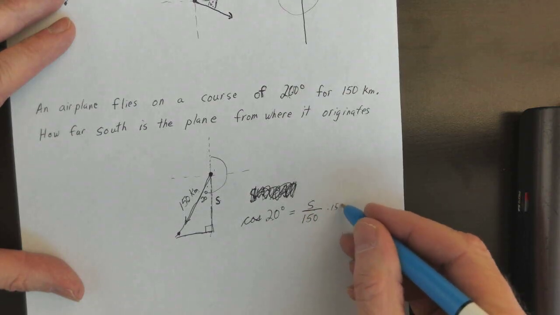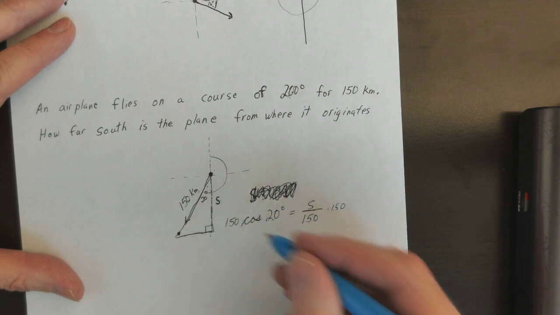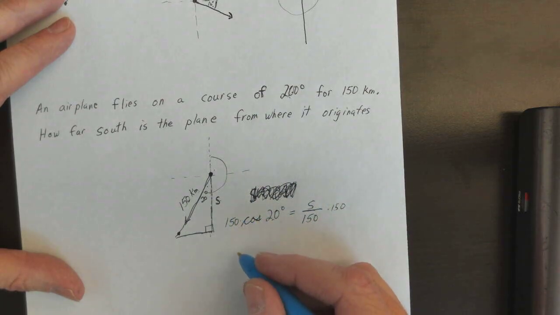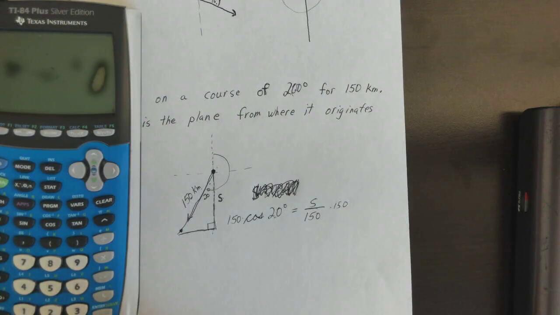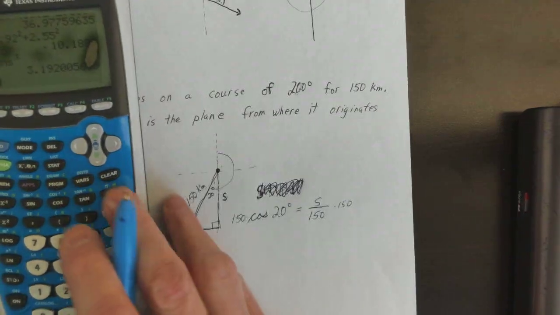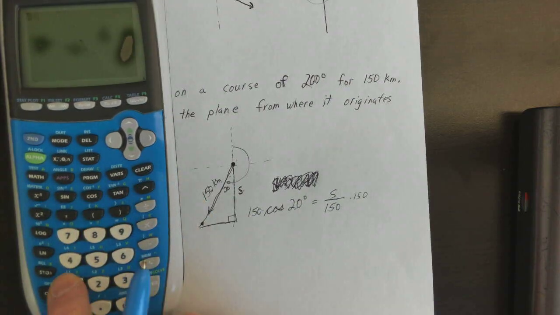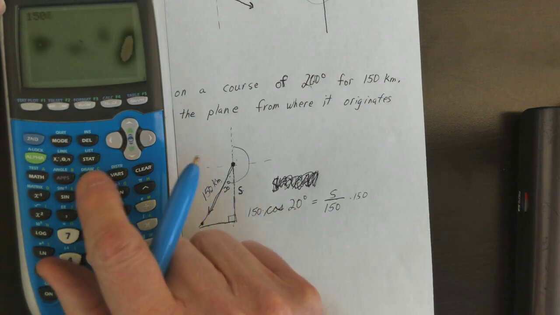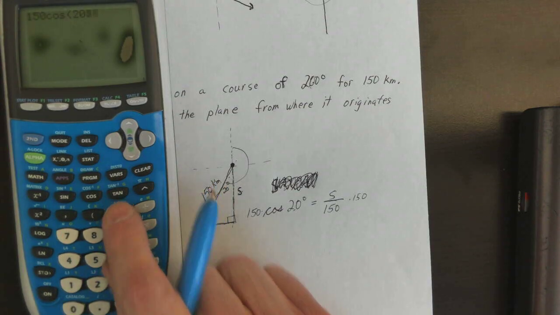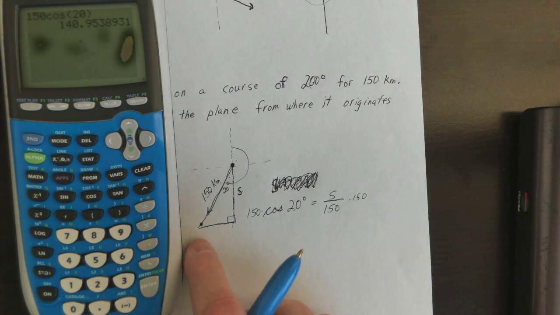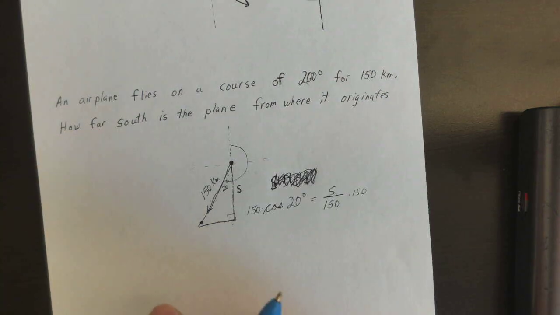If I multiply both sides by 150, 150 times the cosine of 20 is 140.95.